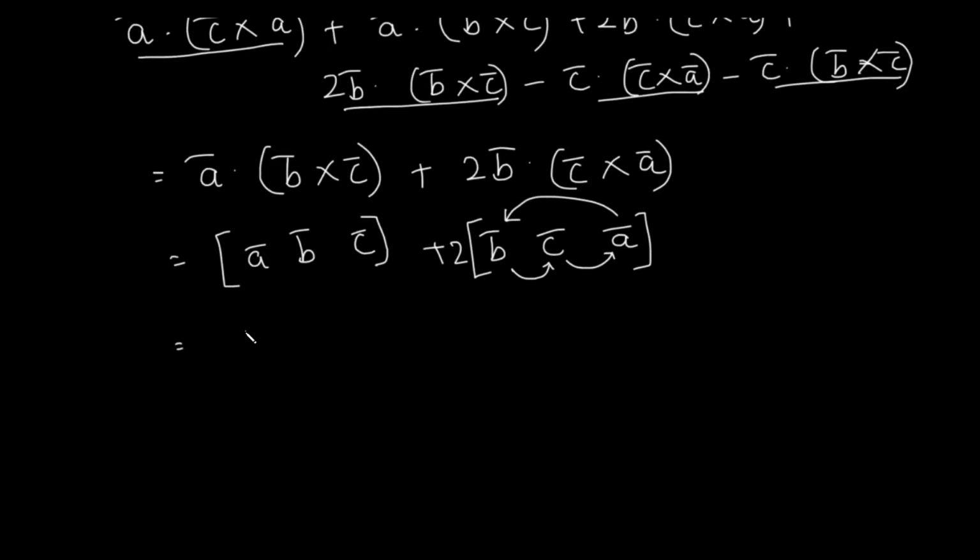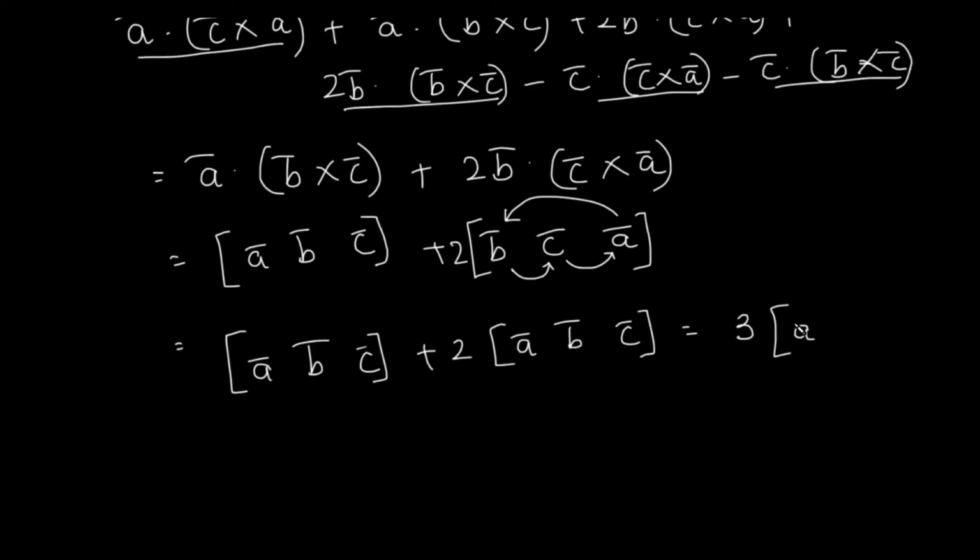Therefore, we have box ABC plus 2 box ABC, which gives us 3 box ABC. So in this way we get the answer. You can just study the sum and see. It's an important sum. If it comes, it can come for at least 3 marks in the exam.